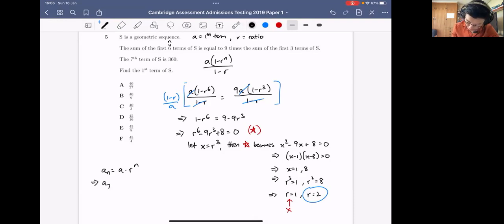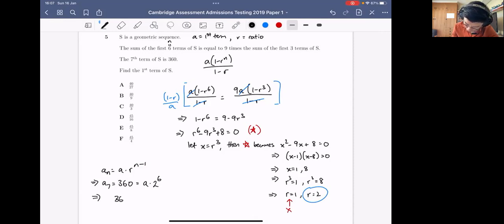So a7, which we know is 360, is a times 2 to the 6.